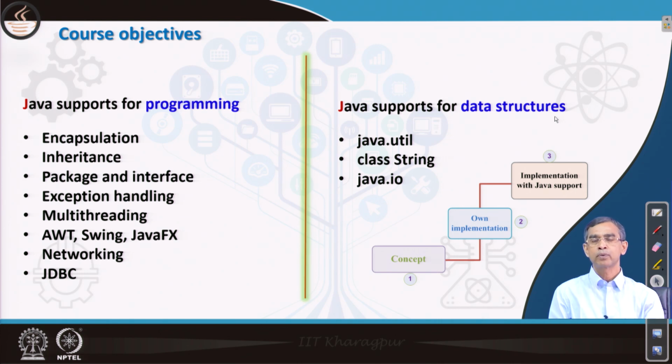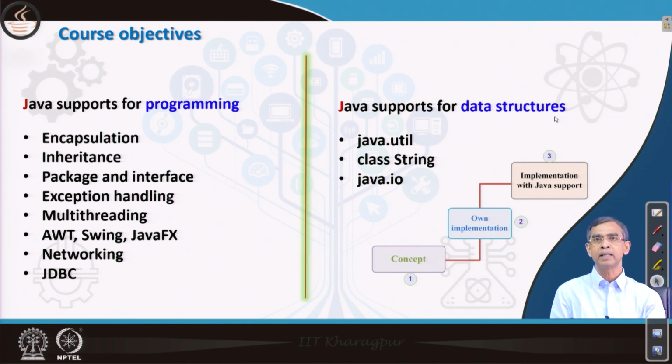First is called core programming. Core programming basically helps you to learn the programming structure, control flow, and essential programming features like encapsulation, inheritance, package and interface, exception handling and multi-threading. So, these are the core programming aspects.